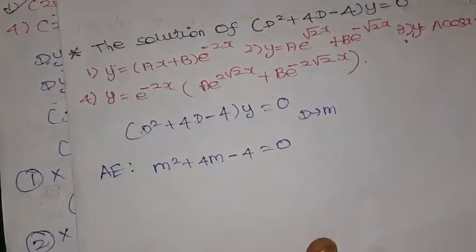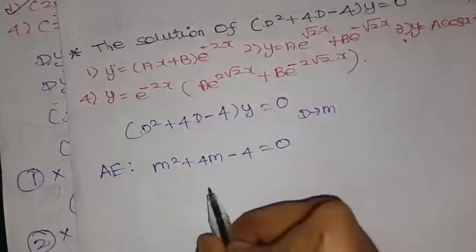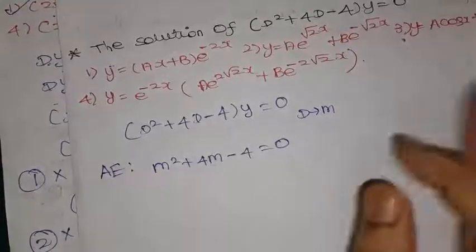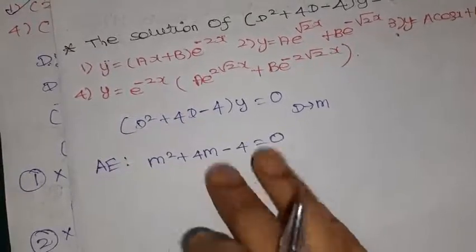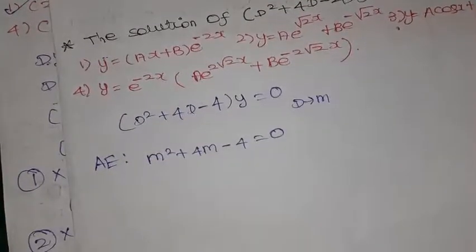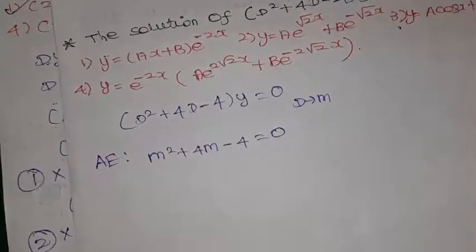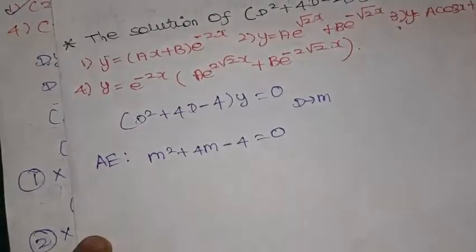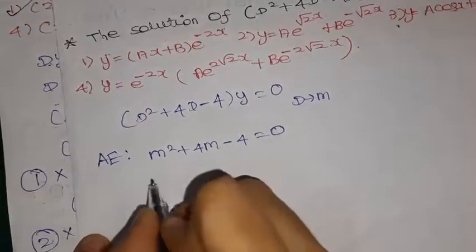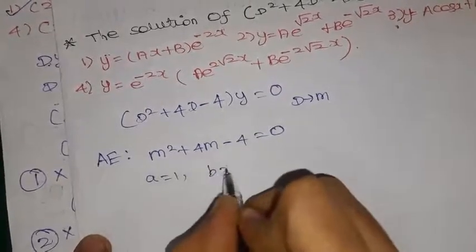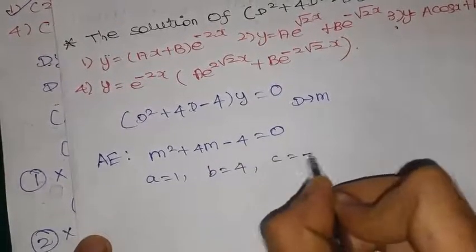Now we need to find the roots. We use the formula minus b plus or minus root of b squared minus 4ac, divided by 2a. Here a equal to 1, b equal to 4, c equal to minus 4.